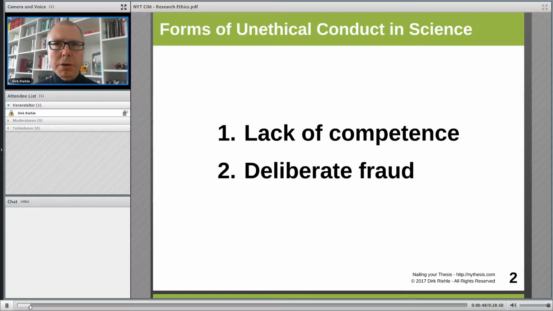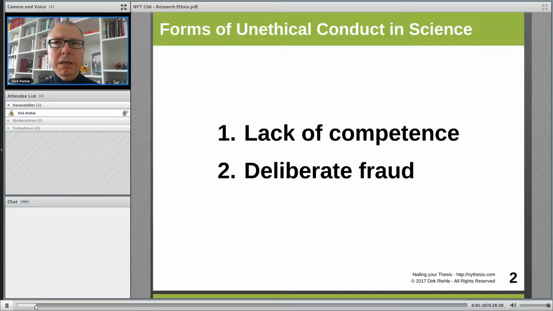So things can go wrong. Mostly this session will be about unethical behavior, how to recognize and how to avoid it. And there are really two sources of unethical behavior in science. One of them is simply lack of competence, and the other one is deliberate fraud.